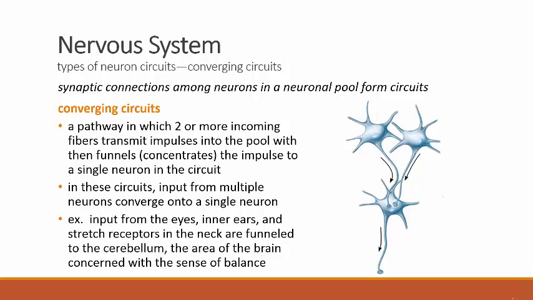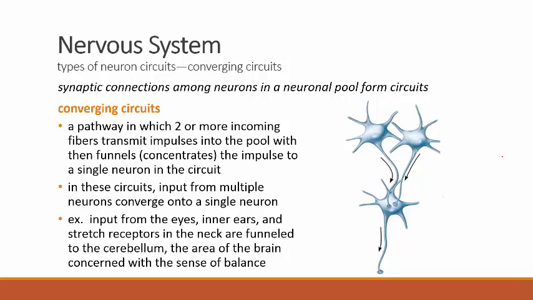We can see two different types of circuits within a neuronal pool. One is called a converging circuit, which is a neuronal pool or pathway in which we are concentrating the transmission onto fewer and fewer neurons.